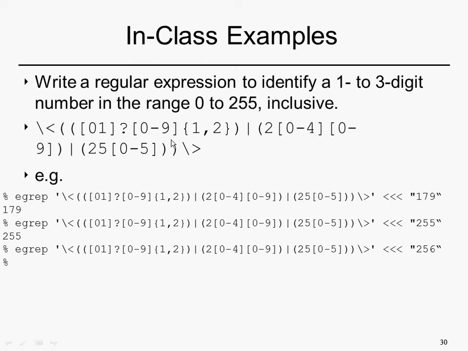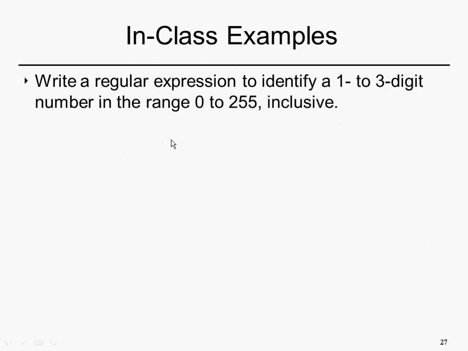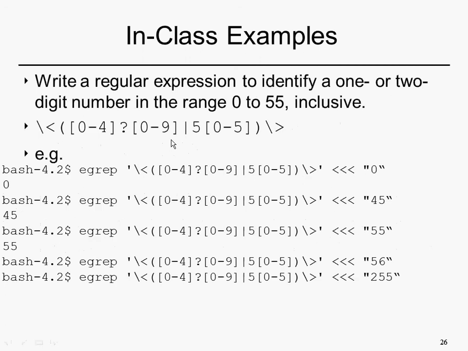Could you take what you had before, which is 55, put brackets around it, and put square brackets with a question mark around it? That's a good question. For this one, could you put a plus around the second 55?